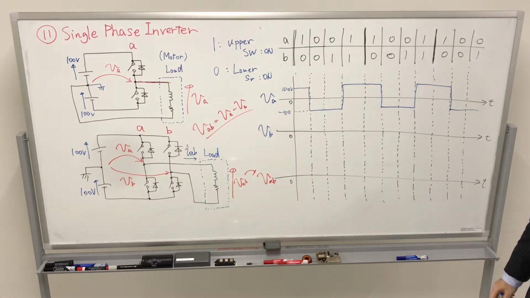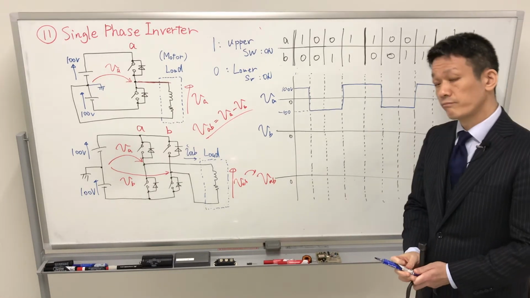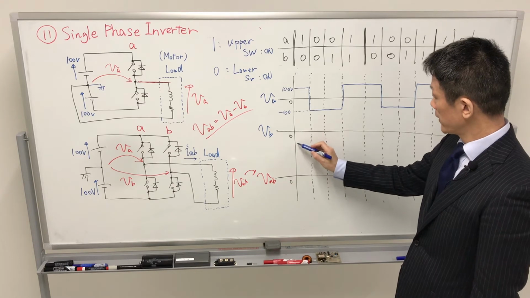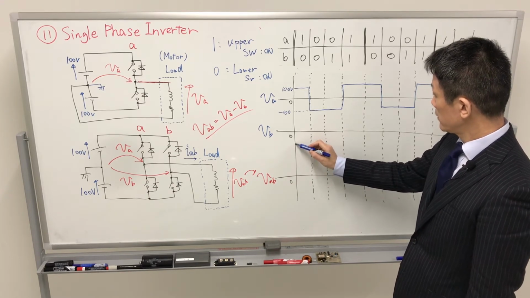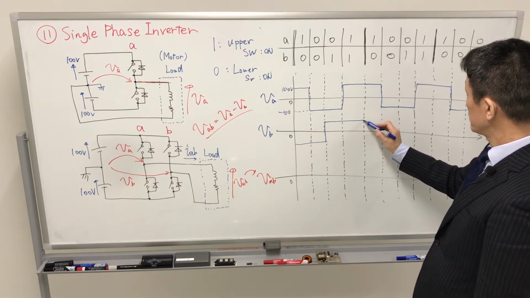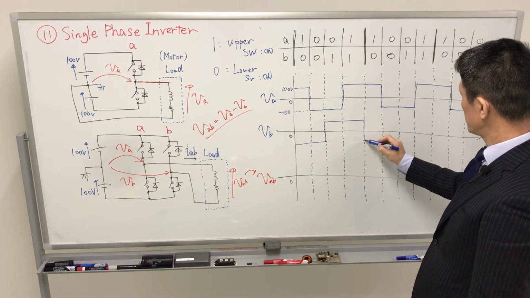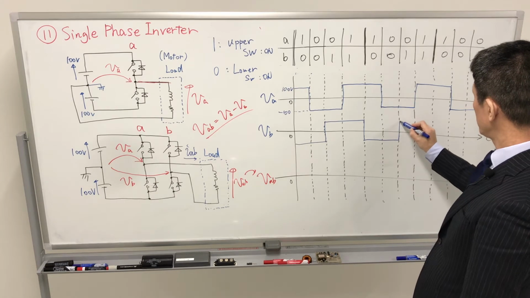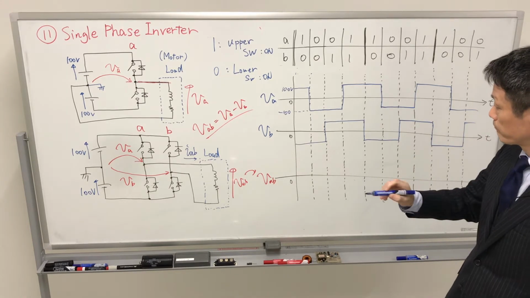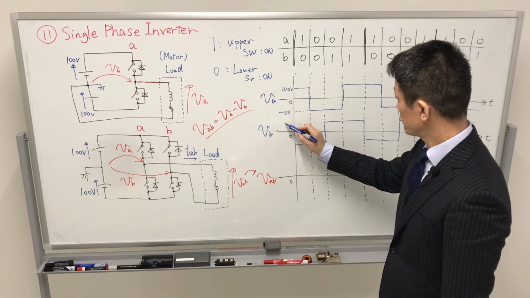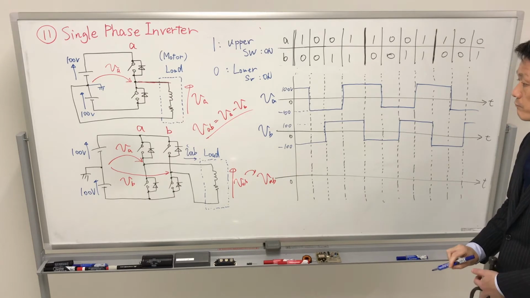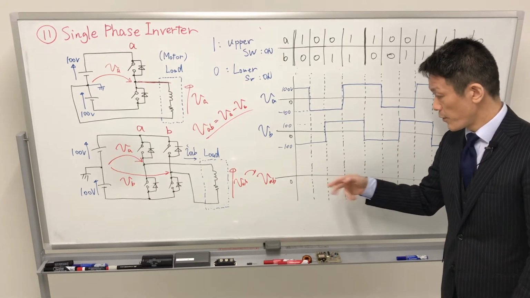In the last lecture, we have already discussed this, so I have skipped the explanation. Please obtain the VAB. Please discuss.